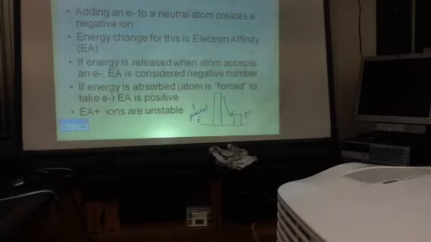So as long as energy is released when an atom accepts an electron, we not only consider the electron affinity to be negative, but if energy is released, that means that atom is more stable once it's taken on an electron. We've taken that rock that's perched on the hillside and we've brought it down and set it on the ground. It's more stable, it's got lower potential energy.